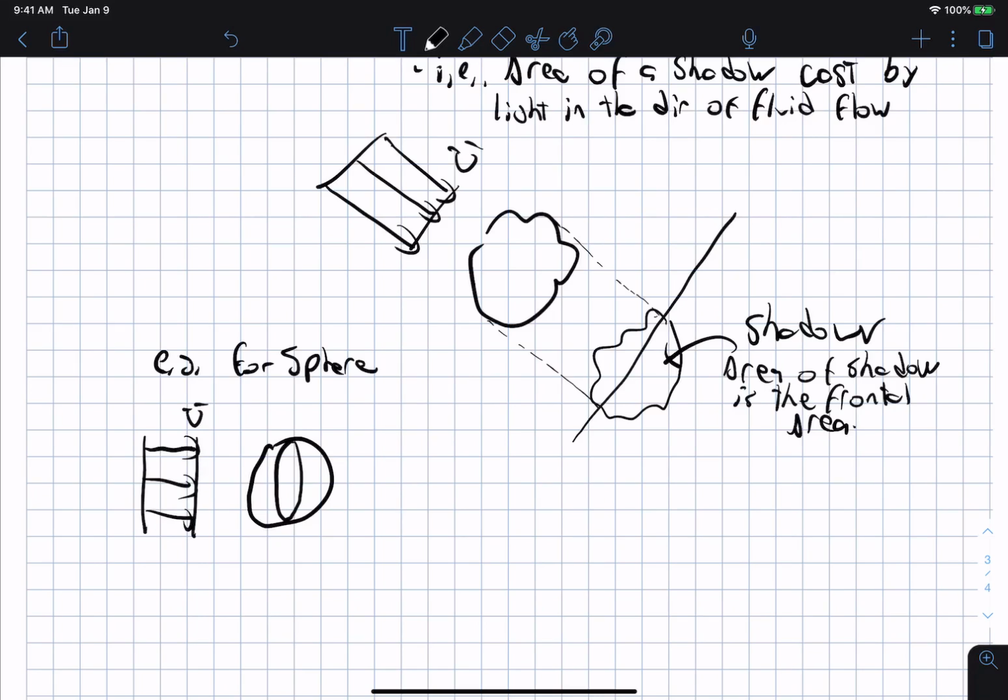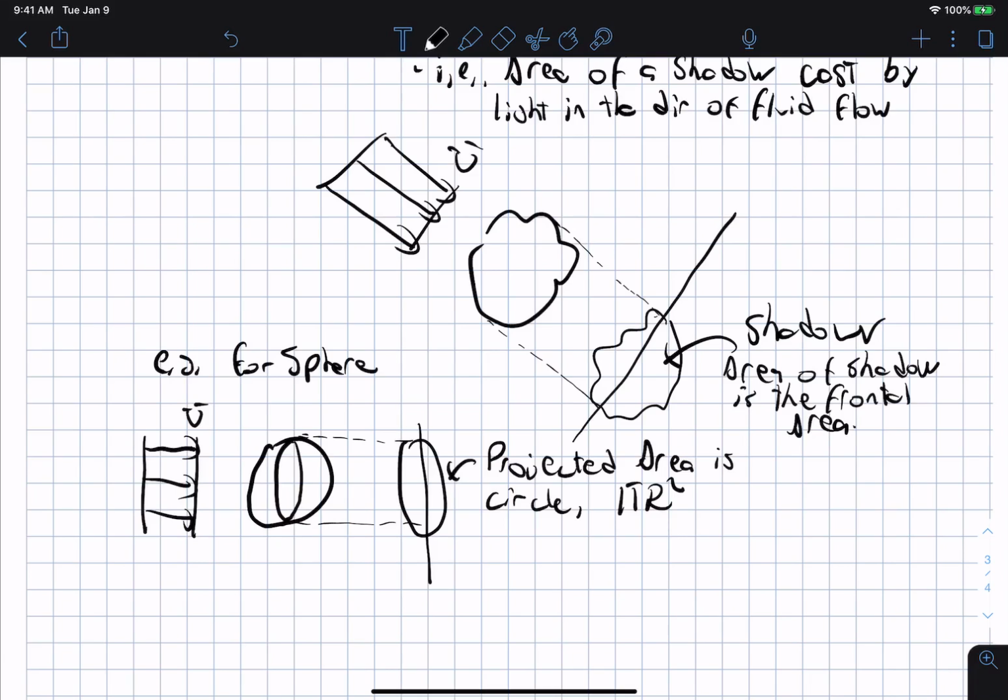So we have u, we draw our plane normal, and the projected area is just a circle, which has pi r squared as the frontal area.